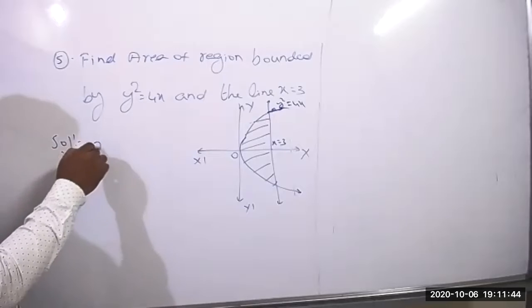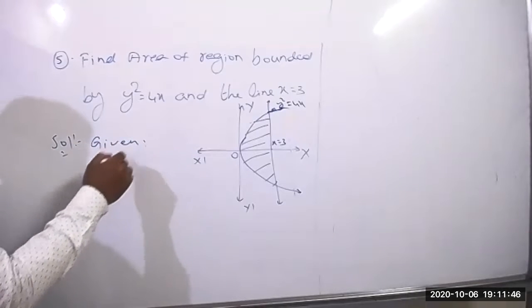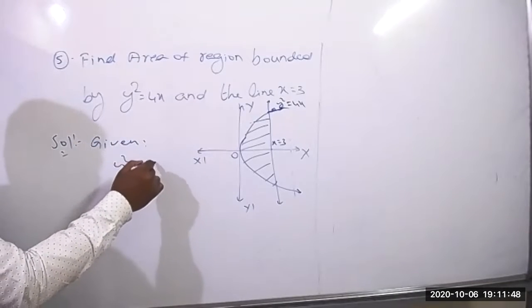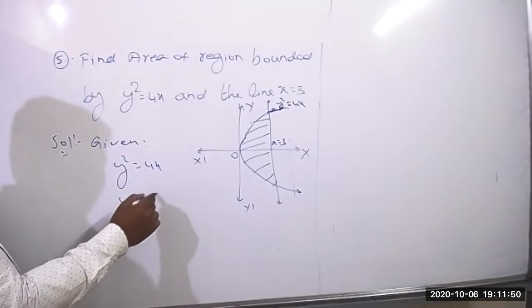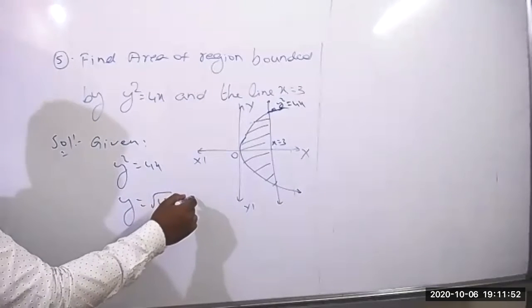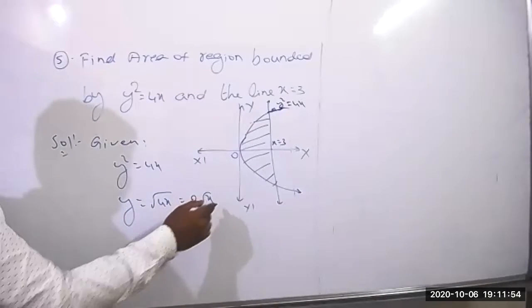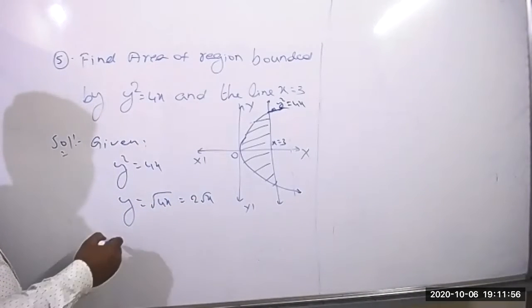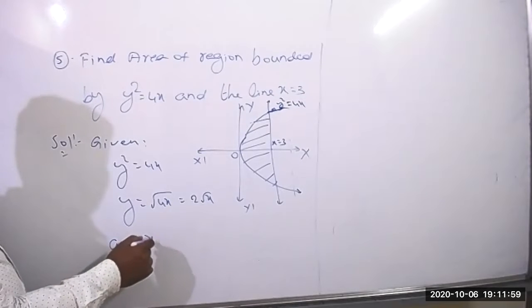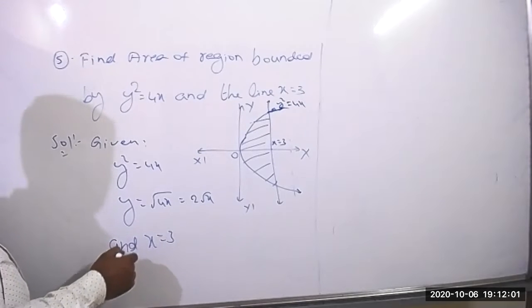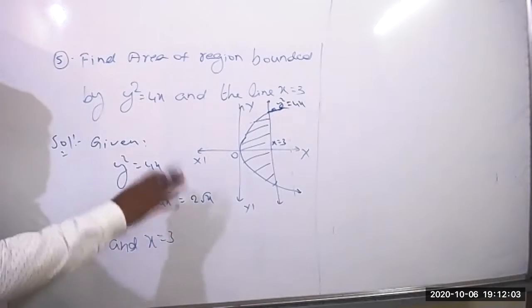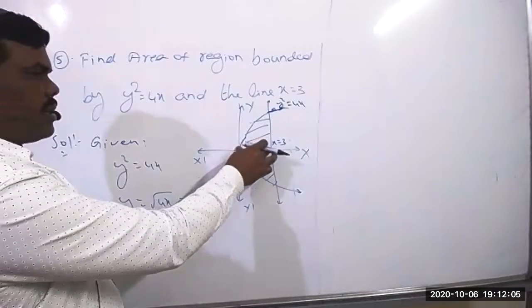Right. So what is the given parabola here? Y square equal to 4x is given. So y equal to root of 4x, which is 2 into root x. And x equal to 3 is also given. The limits will be 0 to 3 because we have to find from here to here, limit 0 to 3.